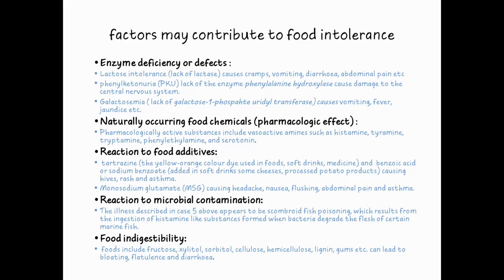If this enzyme is not present, there will be an extra build-up of phenylalanine in the body, so it will be difficult to remove it from the system, and it might cause a blockage in the central nervous system because of the build-up.